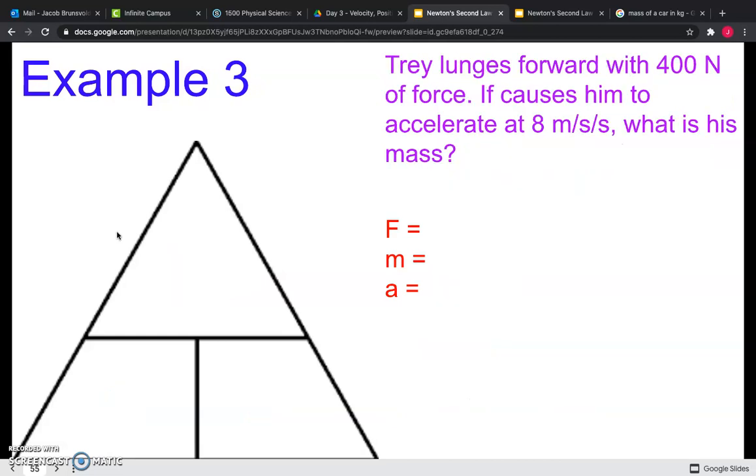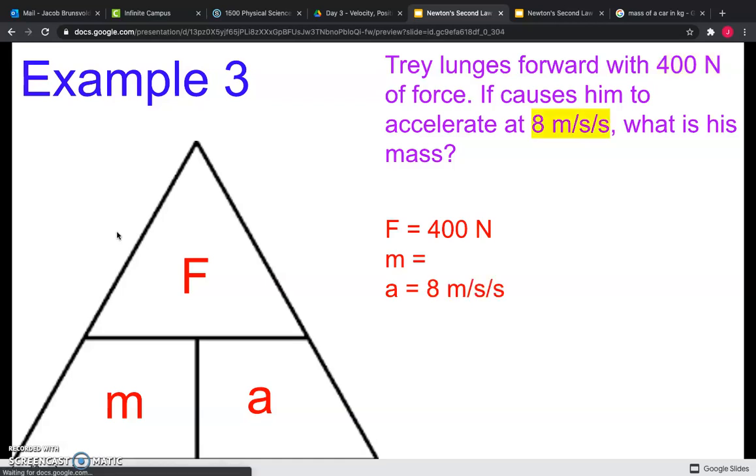Okay, and then last problem, Trey lunges forward with 400 newtons of force. If it causes him to accelerate at 8 meters per second squared, what is his mass? So we know the force, that's 400 newtons. We know the acceleration, that's 8 meters per second squared.